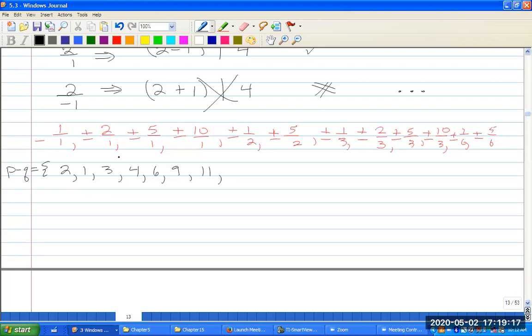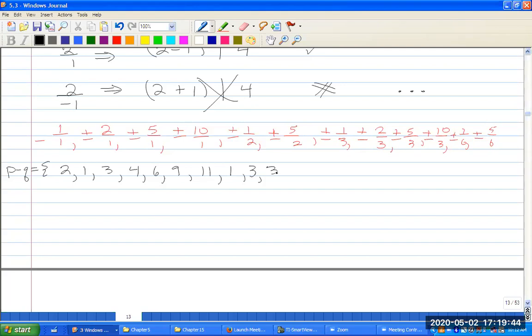Notice I'm putting these commas underneath the other, and I'm doing the plus first. So 2 minus 1 is 1. 1 plus 2 is 3. Doesn't work.